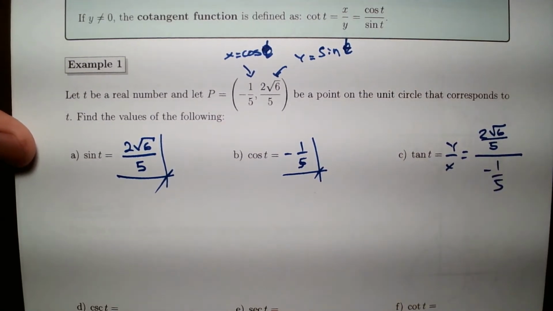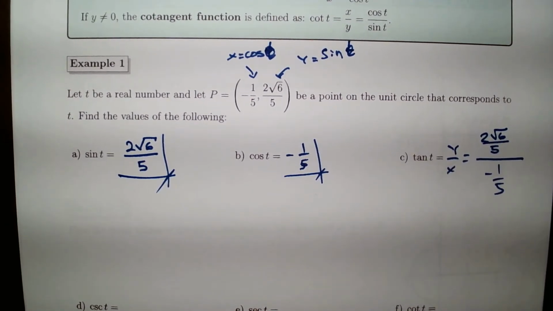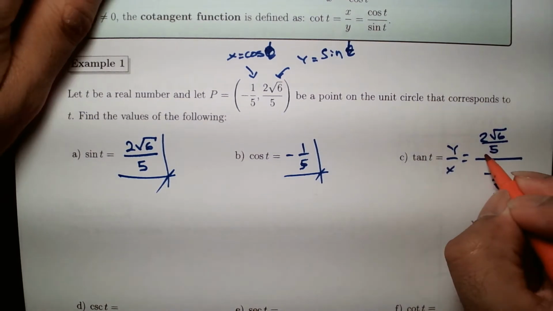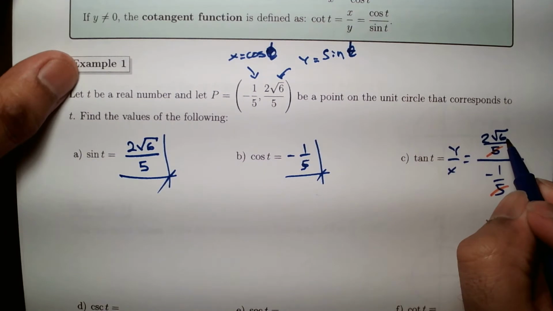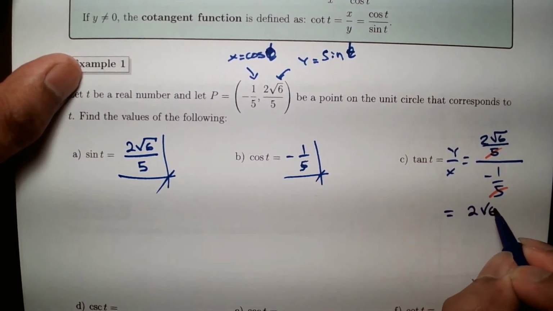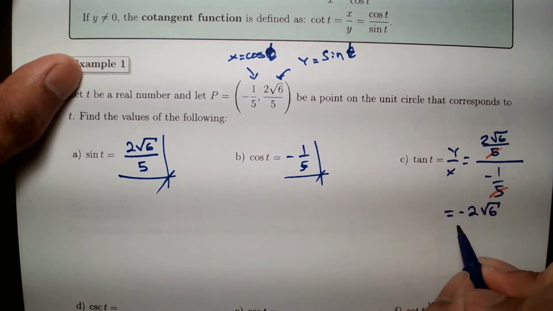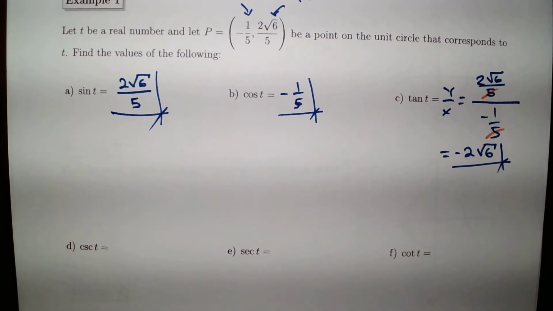The nice thing about this calculation is that these 5's are going to cancel, and we simply have 2 root 6 over 1, which is simply 2 root 6. But don't forget the negative value right there. All right, so let's see what's next.